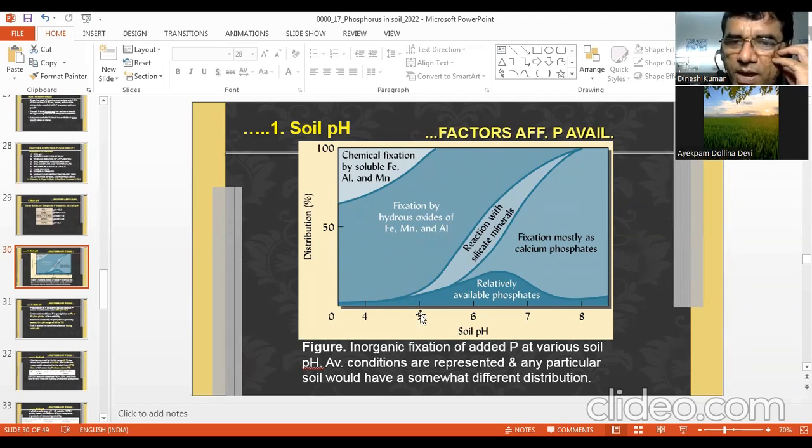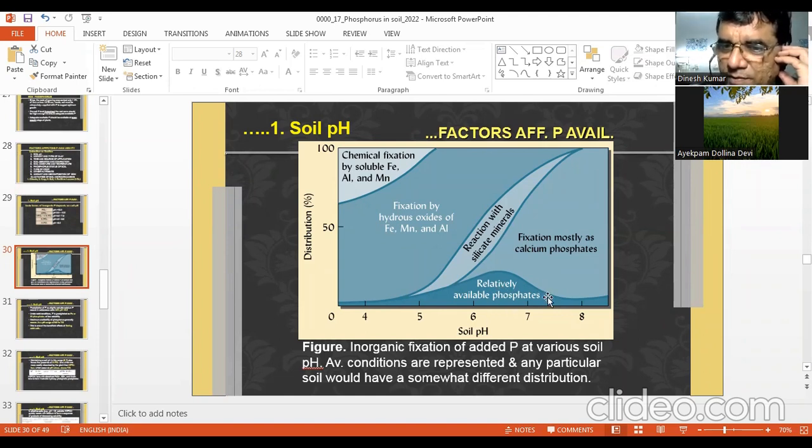You can see at pH 5 it is very high, up to about 5.3 or 5.4. So the next fixation is by hydrous oxides of iron, manganese, and aluminum. And then in this small strip, you can see reaction with silicate minerals, and this much of fixation or proportion is there.